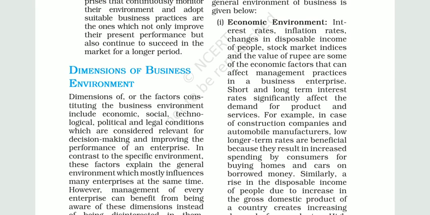Secondly, an increase in the GDP, the gross domestic product of the country, leads to an increase in the disposable income of the people. That is the income they spend, thus increasing the demand for the products. Thirdly, inflation. Inflation leads to an increase in the various costs of the businesses such as raw material, machinery, wages, salaries, etc.